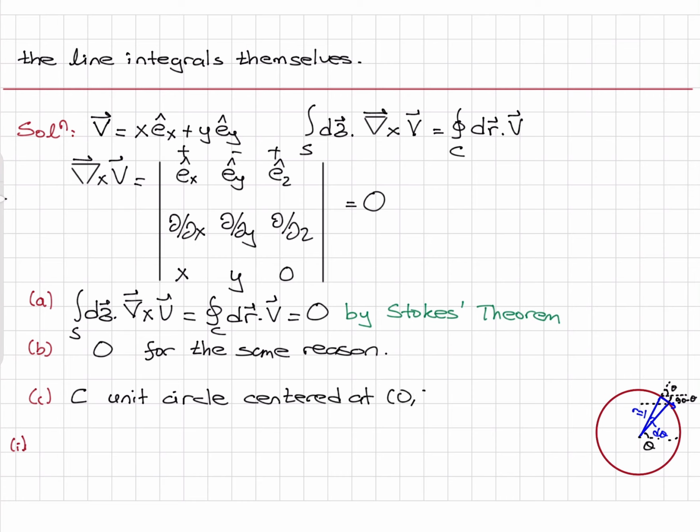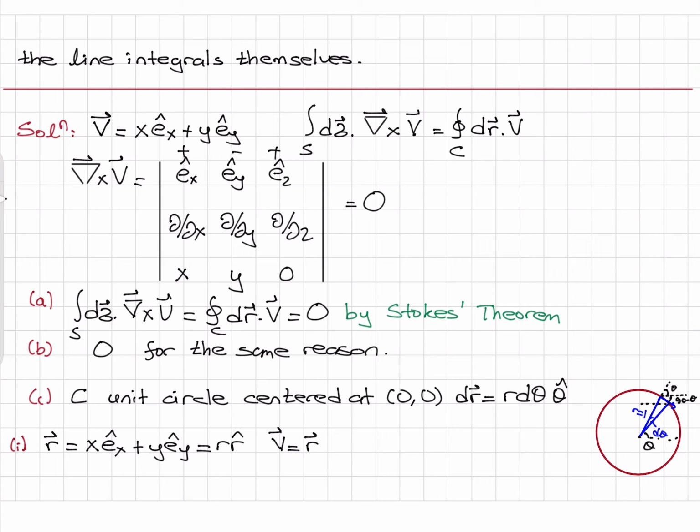If we use polar coordinates here, dr is r d theta, theta hat, and our vector V is actually the r vector, x e_x hat plus y e_y hat. This is our r in the r hat direction. So the given vector V is actually the position vector r.